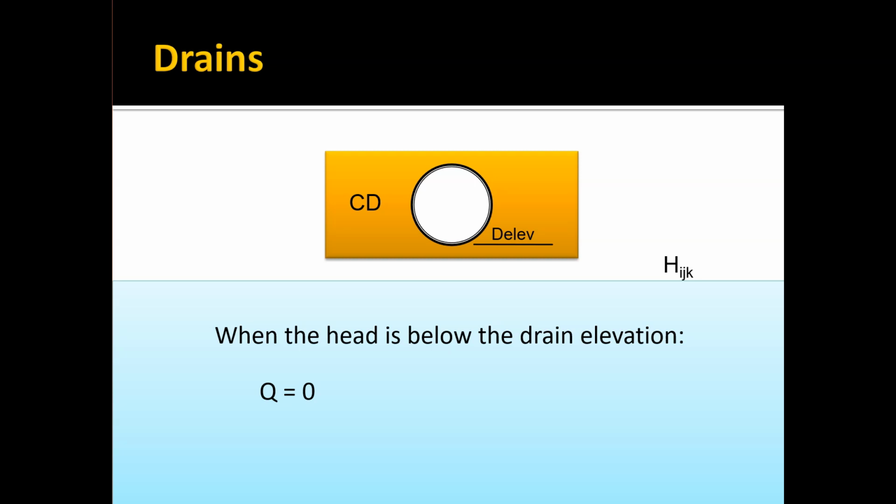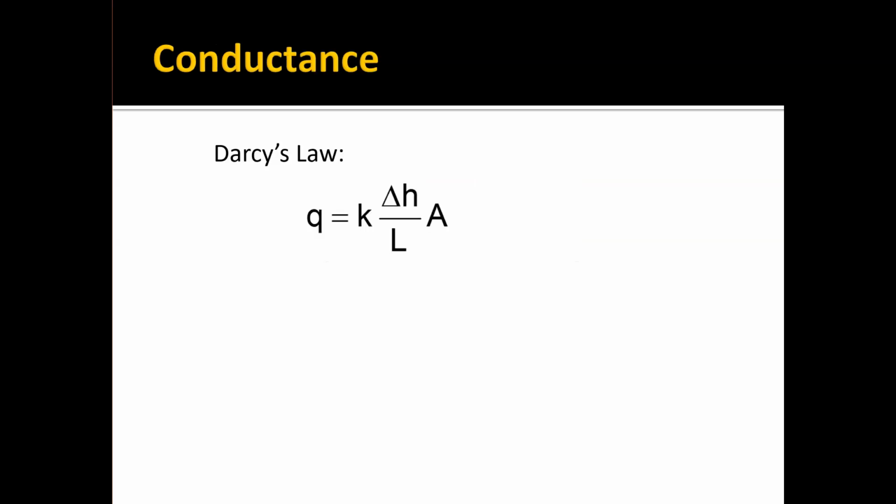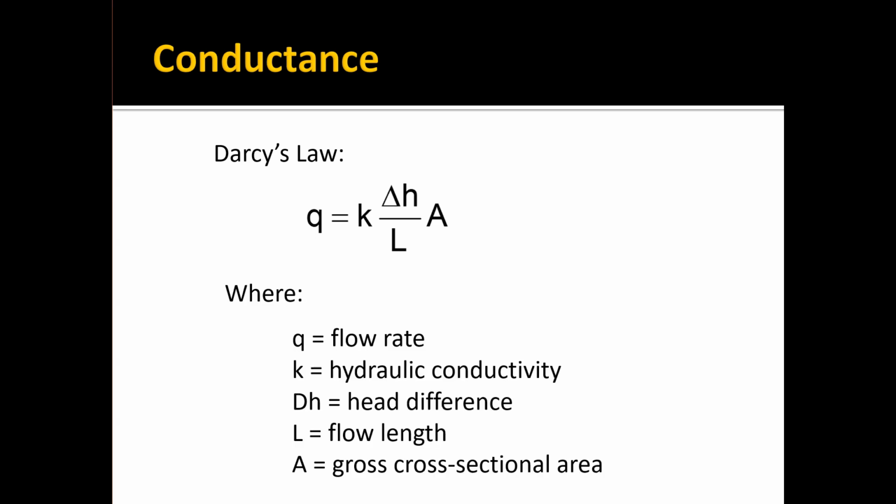Now, one of the key parts of a drain is the conductance. What is the conductance and how do you calculate it? To understand that, we have to go back to Darcy's law. Remember, Q is equal to K times delta H over L times A, where Q is the flow rate, K is the hydraulic conductivity, delta H is the head difference, L is the length of flow, and A is the gross cross-sectional area of flow.